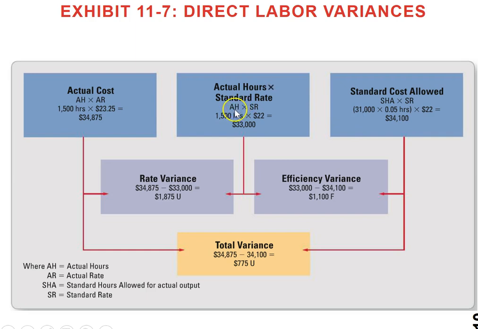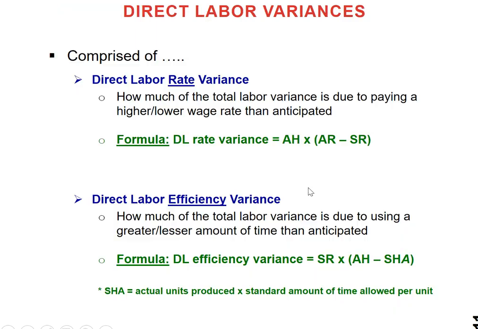In box 2 we are using actual hours, versus in box 3 we are using standard hours, and for both cases we are using the standard rate. So the main difference is the hours, which defines the efficiency of our labor force, and we call this difference between box 2 and box 3 an efficiency variance.